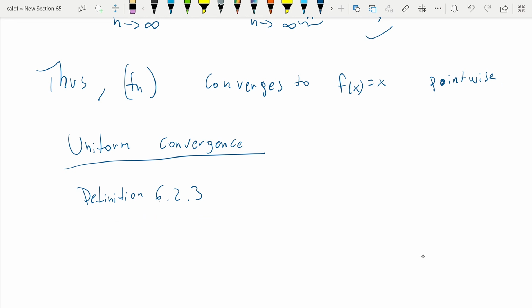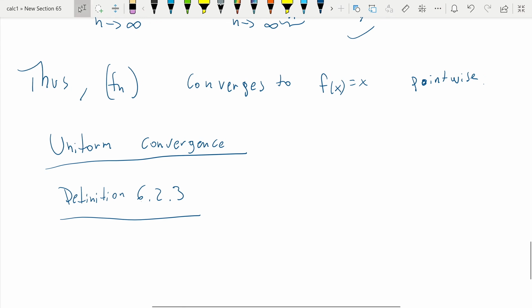Okay, so this is definition 6.2.3, and as I said, the key point here is that the n that you need to pick is independent of x.